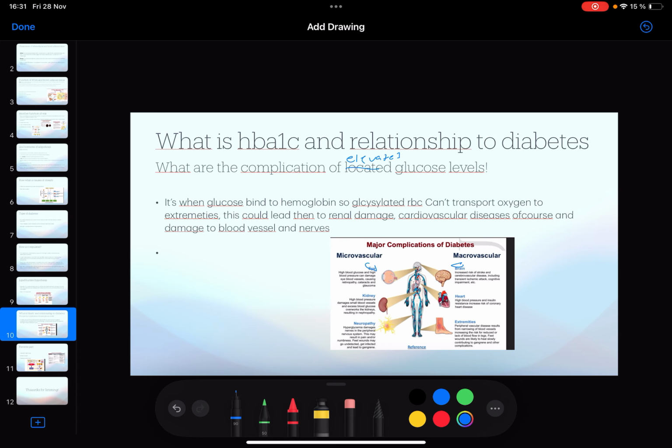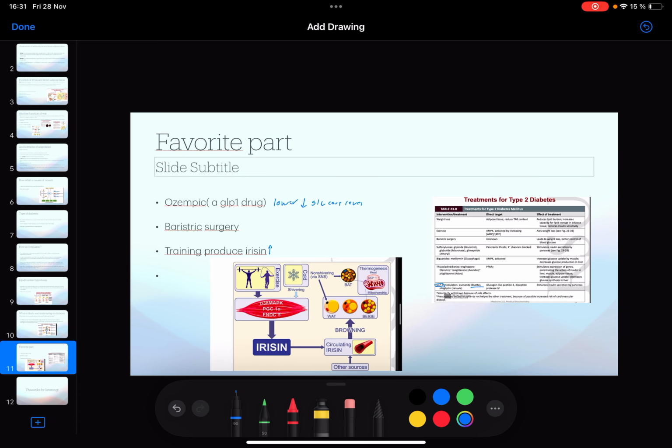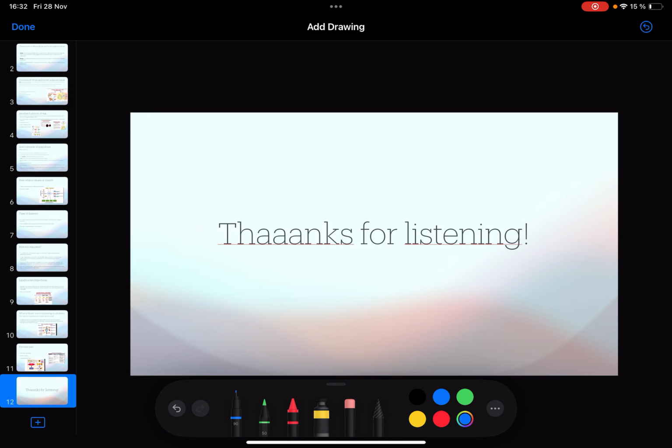Also, what would be the effect of elevated glucose levels, and lastly how we treat different types of diabetes and diseases.